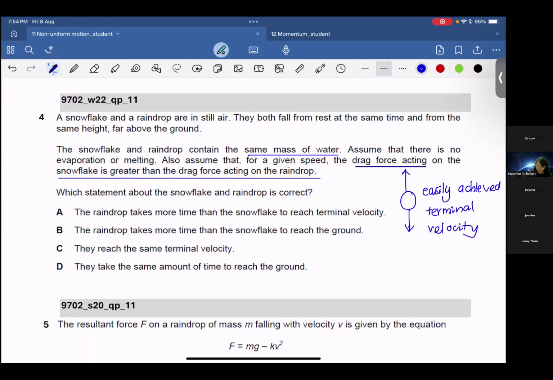Which means that the raindrop will take more time to achieve it. Will it achieve it? It will, but it takes time because the drag force is smaller. Fatima, correct. So we go to question number 5.